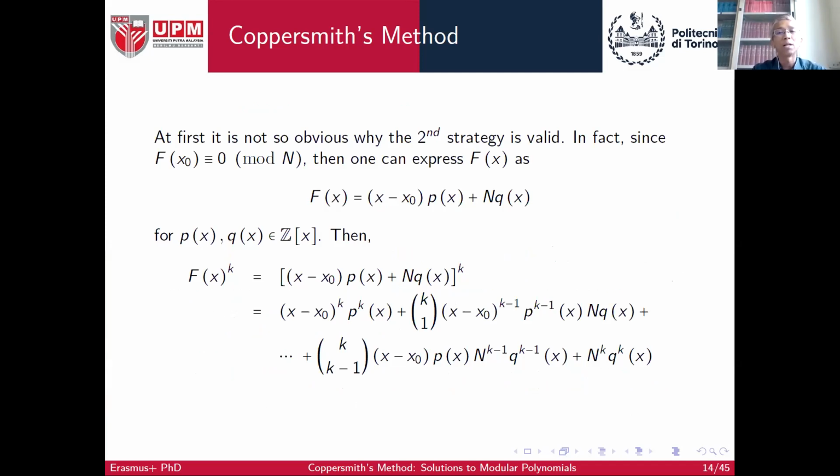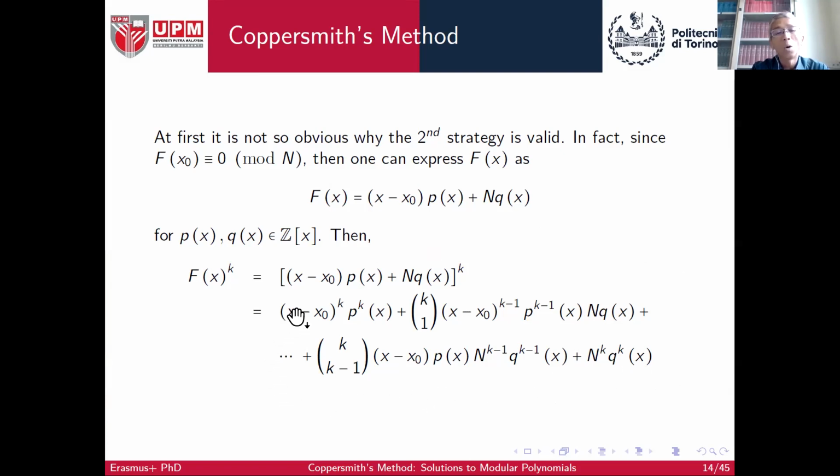After performing a simple proof: if x0 is the root of the modular function, then we can express f(x) as (x minus x0), this is the factor, multiplied by p(x) plus n q(x). Here p(x) and q(x) are just two other polynomials of degree less than f(x). Now, if we raise both sides to the power k, by the binomial expansion we have this series of terms.